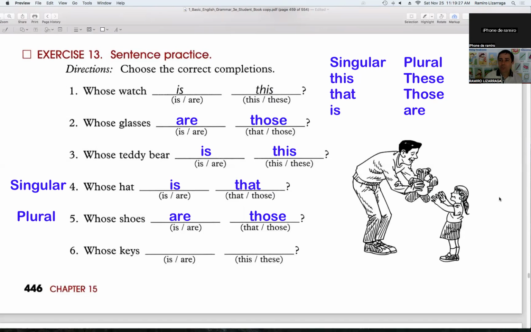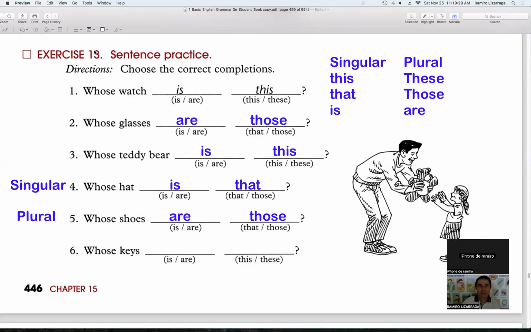But do you guys know the difference between this, that, and those? Do you know the difference? Yes or no? You know or you don't know the difference? This is near. And this is far.